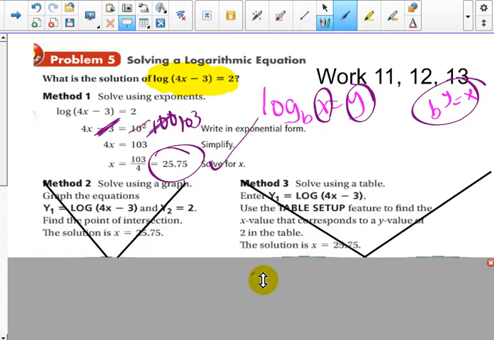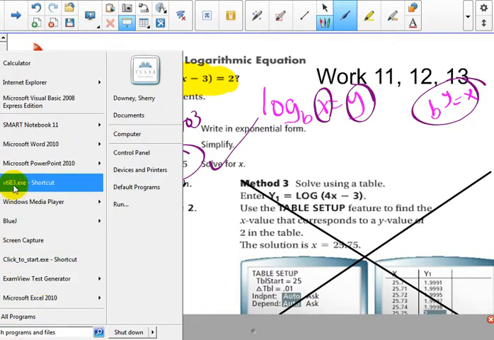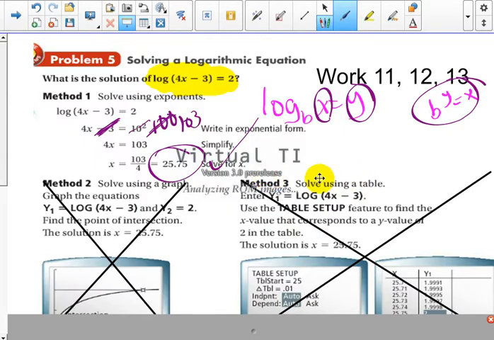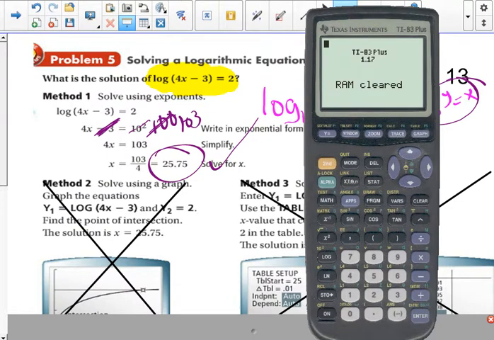Okay, so I'll show you quickly on the graphing calculator. What you would do is look at both sides of the equal sign.